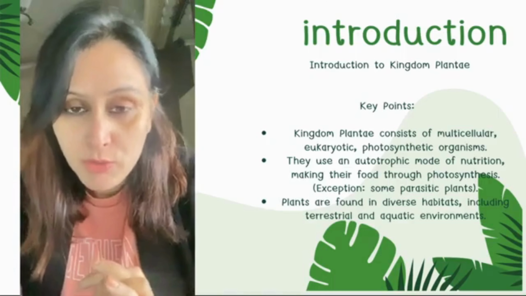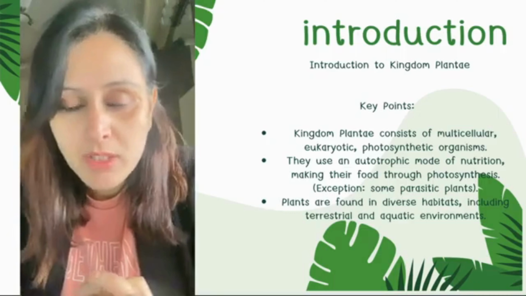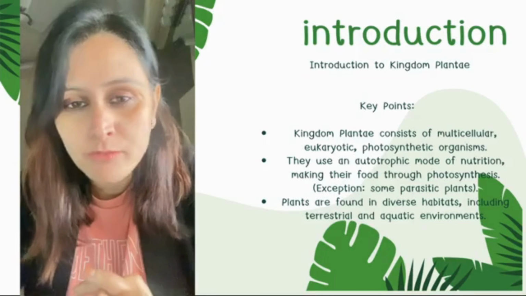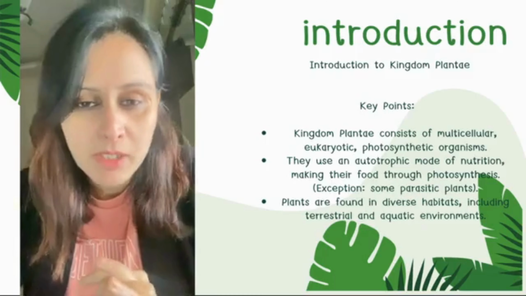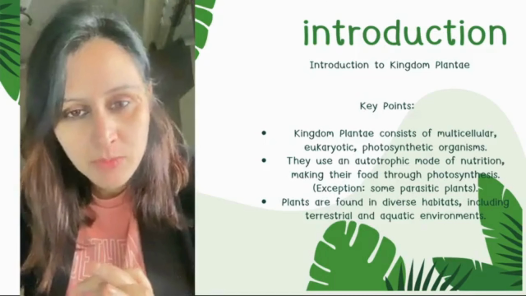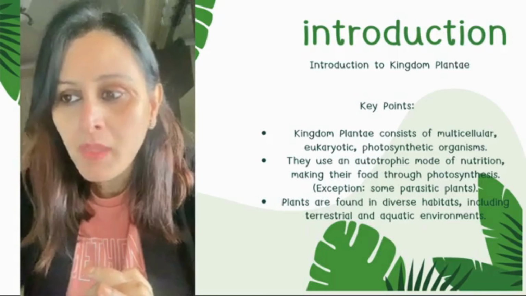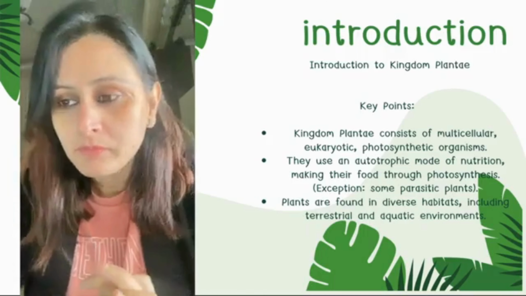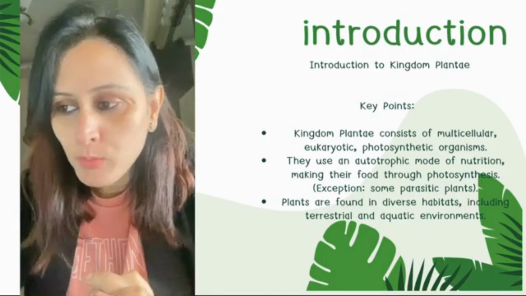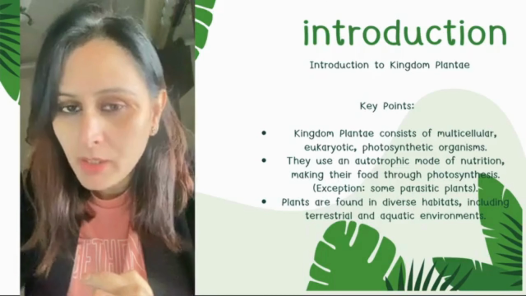Though there are some exceptions also, it is not always 100% that all the organisms falling in the same kingdom will have similar characteristics. So there are some certain changes also here, so we'll talk about it. They use an autotrophic mode of nutrition, that is, making their own food.